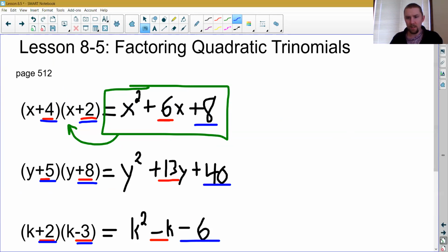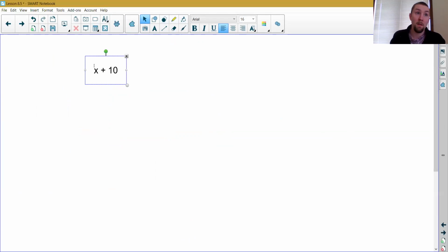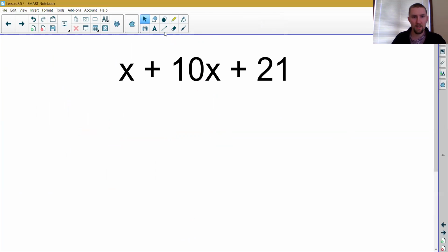So if we take, for example, x squared plus 10x plus 21. We've got this quadratic trinomial, right? x squared piece, quadratic trinomial, 3 pieces.